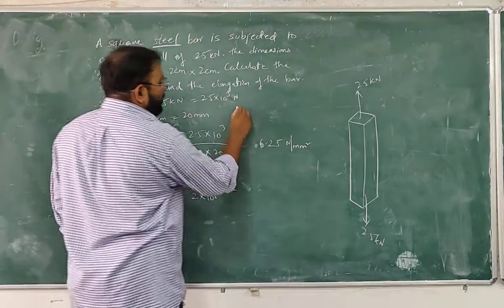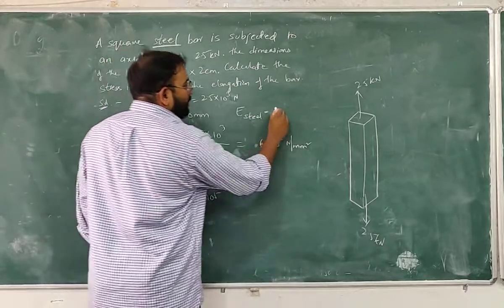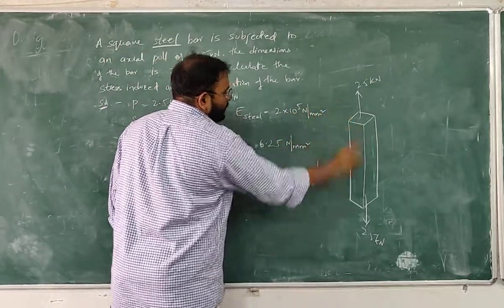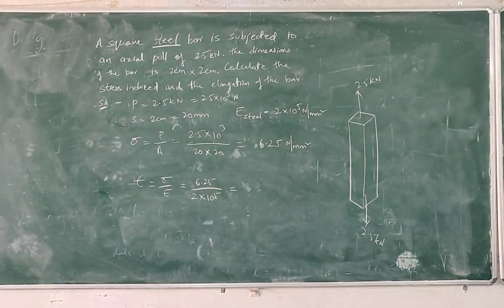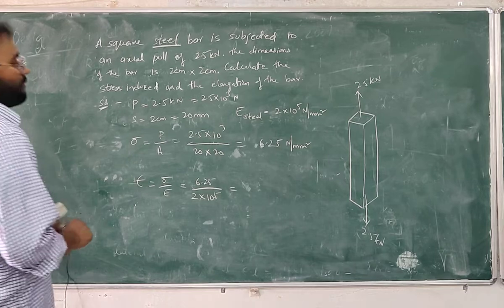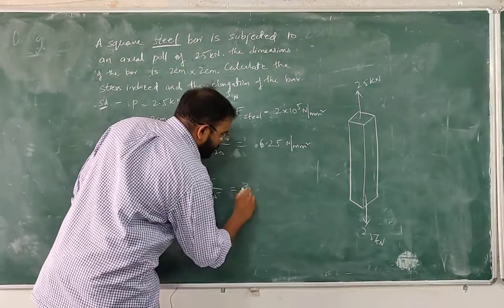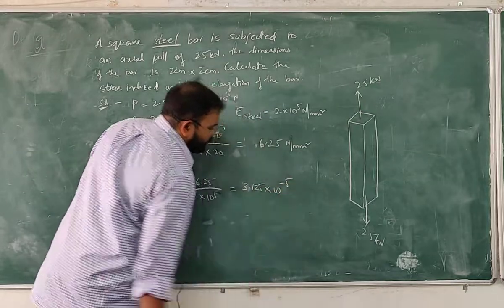Young's modulus of steel, you remember this value, 2 10 to the power of 5 Newton per millimeter square. Whenever steel is mentioned, you are not given E. So for steel, E value will be 2 10 power 5. Strain is 3.125 10 power minus 5.